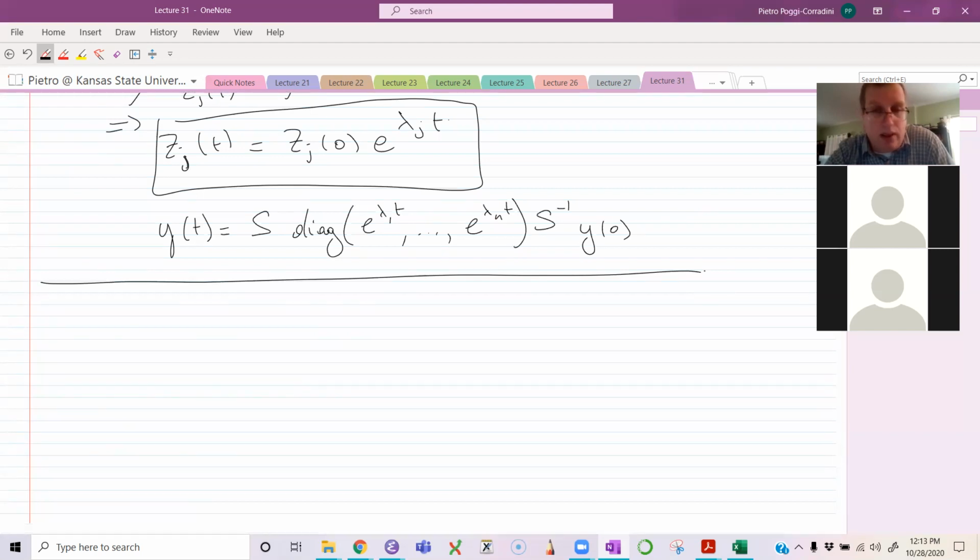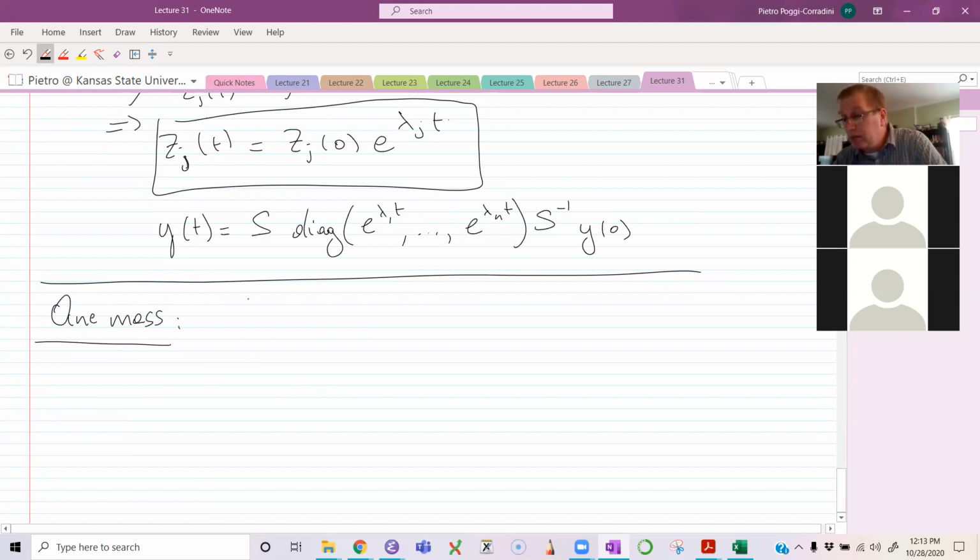And just to give you an idea, let's do the one mass case. In that case, there's only one damping constant b, one mass m, one constant k. And so it's just a 2x2 matrix that looks like that.